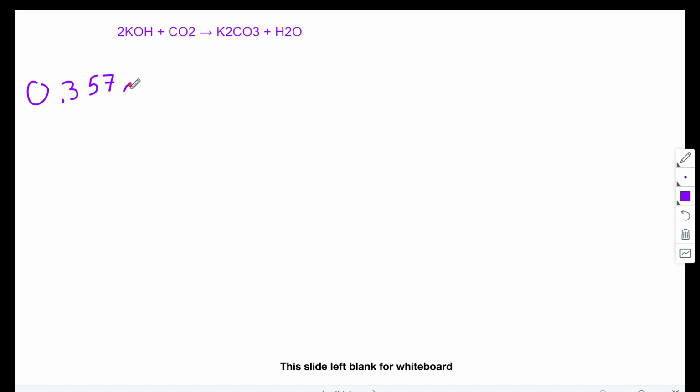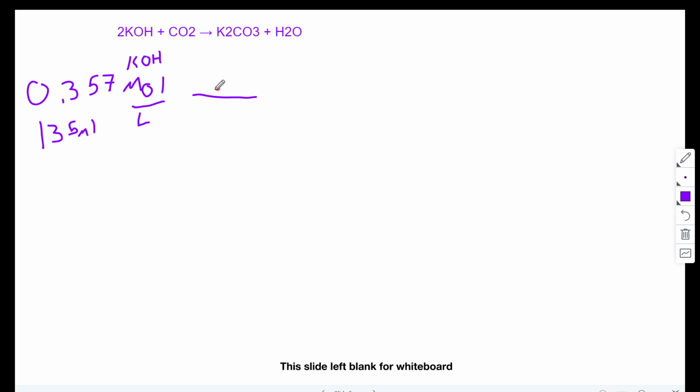molar solution. Okay? Now remember, a molar solution, that sounds like it has something to do with moles. A molar solution is going to be moles over liter. So that means if we can find some way to get rid of that liter, we could have our moles. And luckily the problem also tells us that we have 135 milliliters.